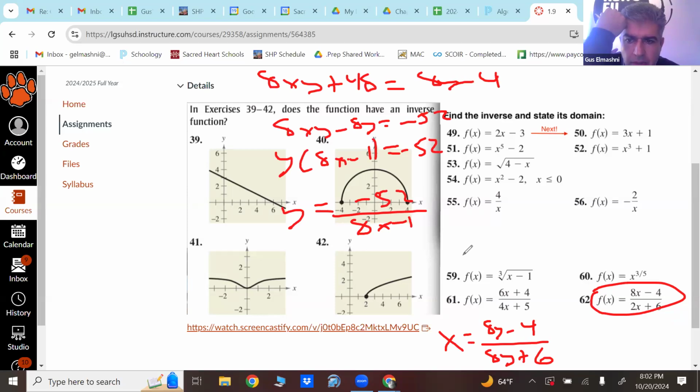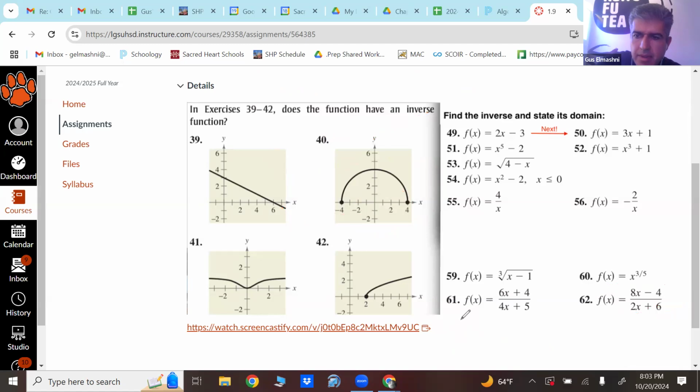X equals 2y plus 6. Oh my gosh, I can't believe I did that. Factor out 2. Hold on. I messed up pretty royally.